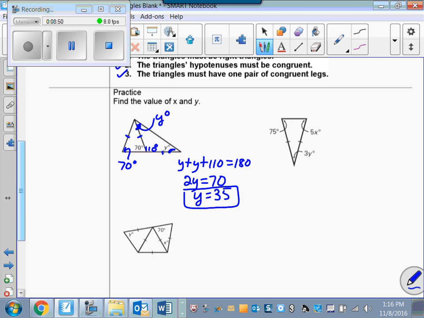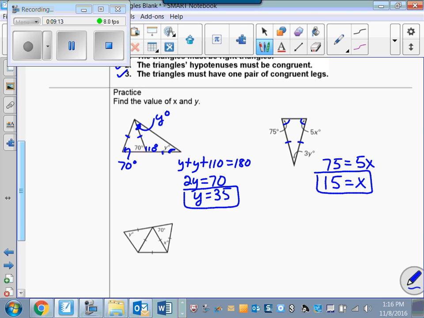Okay, what do we got here? We got another isosceles triangle. These are my congruent sides. Therefore, I know my base angles are congruent. So 75 equals 5x. Base angles theorem. So 15 equals x. That's one part of my question. And then I got to figure out what y is.